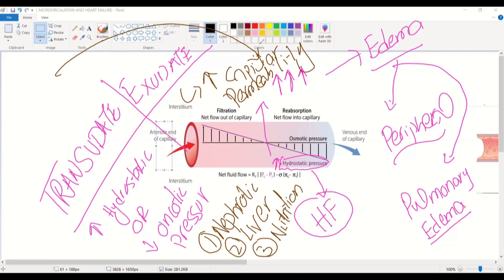So toxins, infections, inflammatory states, burns, and malignancy. What they do is increase the capillary permeability, and in this way it leads to exudate fluid and edema, right?